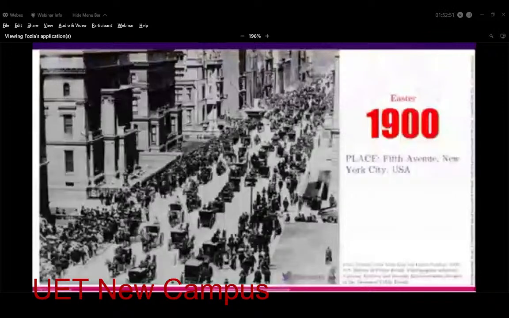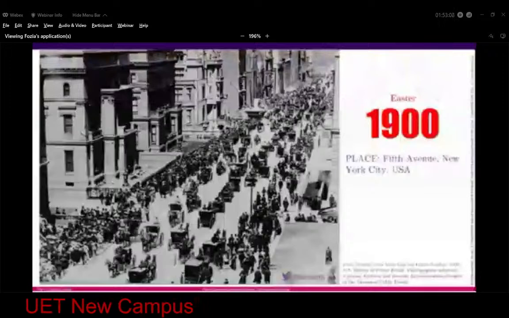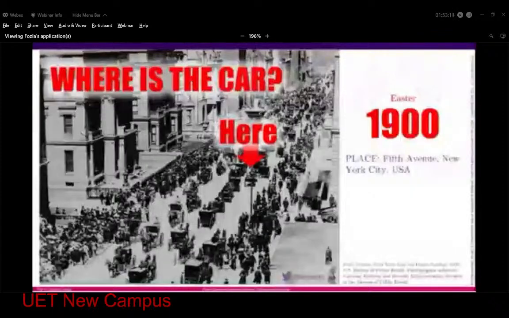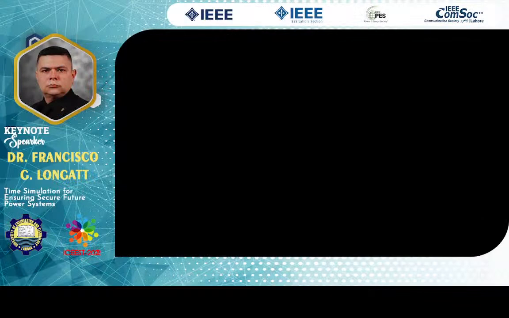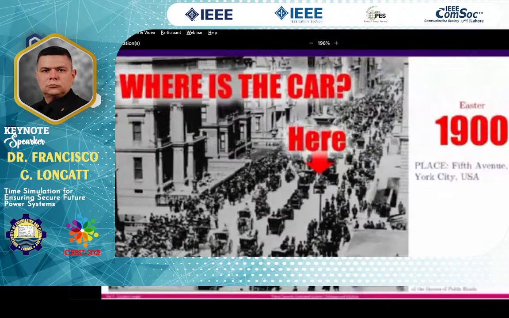And as you can see, there are many people walking around, but also you can see that there are many vehicles on the road. And now probably you are wondering, where is the car? Because if you realize the majority of the vehicles here, they are basically horse carriage. But there is only one car in that very specific photo.